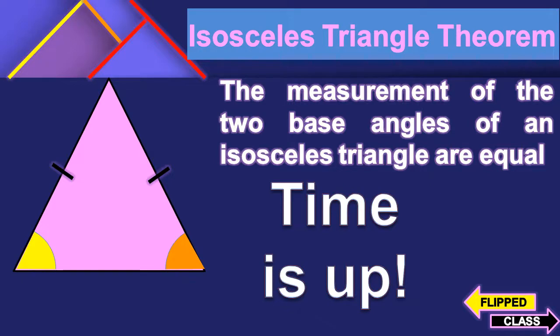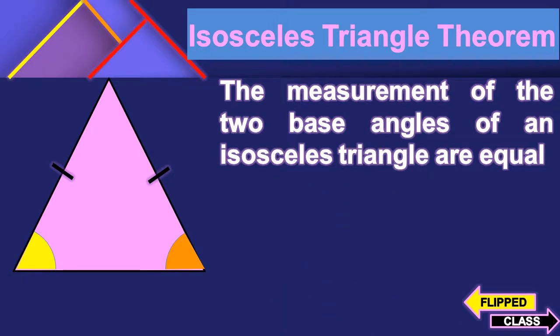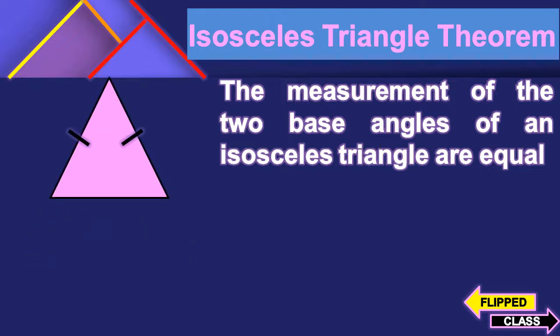Time is up. Okay, I will show you the proof of this one, but I'm going to make this one smaller for additional construction. We need to prove that the yellow colored angle is equal to the orange colored angle.